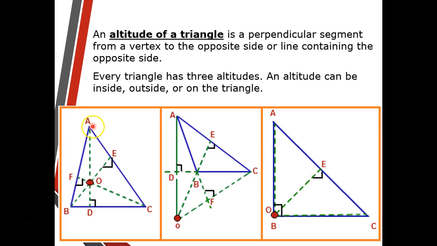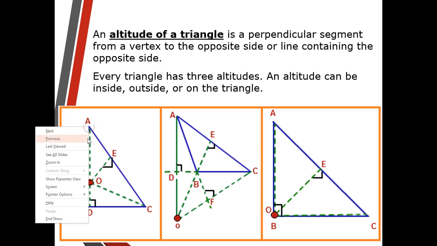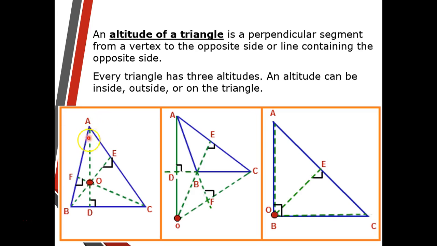So the altitude, how the definition goes, let's look at the acute triangle one. So the vertex, here's how you draw an altitude. You go from the vertex, point A here, to the opposite side, but this line must be perpendicular to that opposite side.